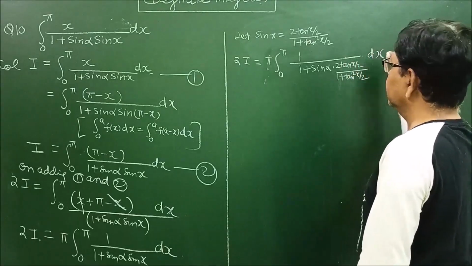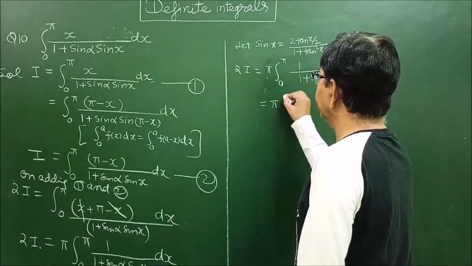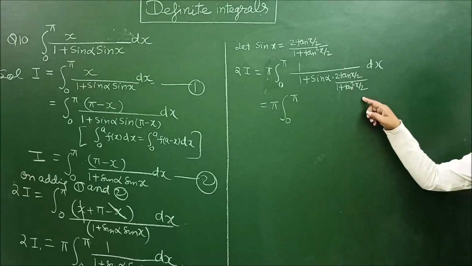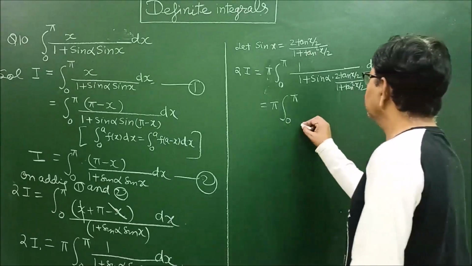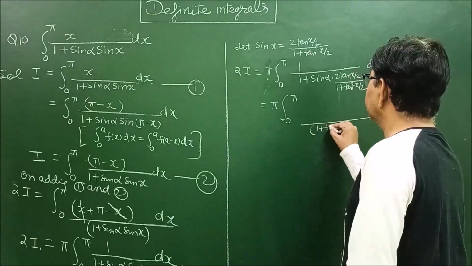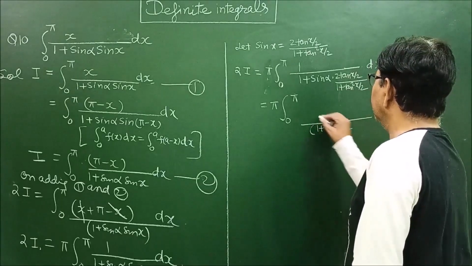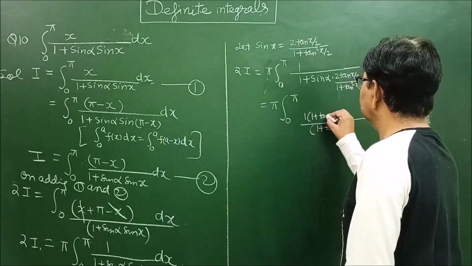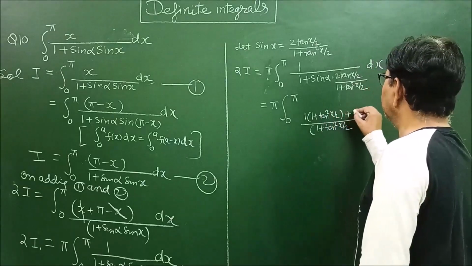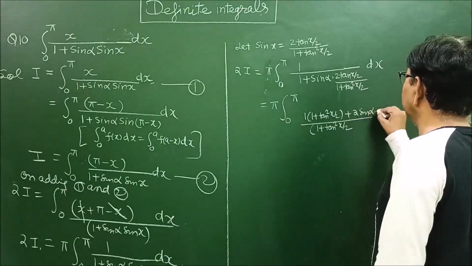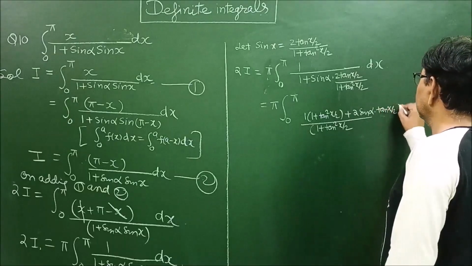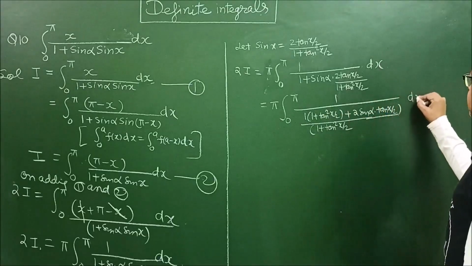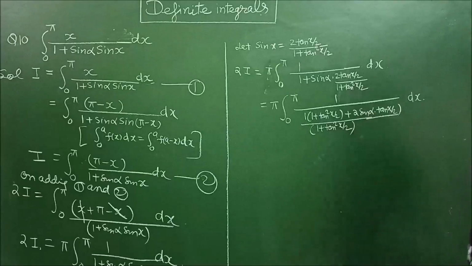Now this is equal to pi into integral 0 to pi, taking the LCM in the denominator. LCM in the denominator is 1 plus tan square x by 2. So taking the LCM, 1 plus tan square x by 2 upon 1 plus tan square x by 2 plus 2 sin alpha into tan x by 2, dx.